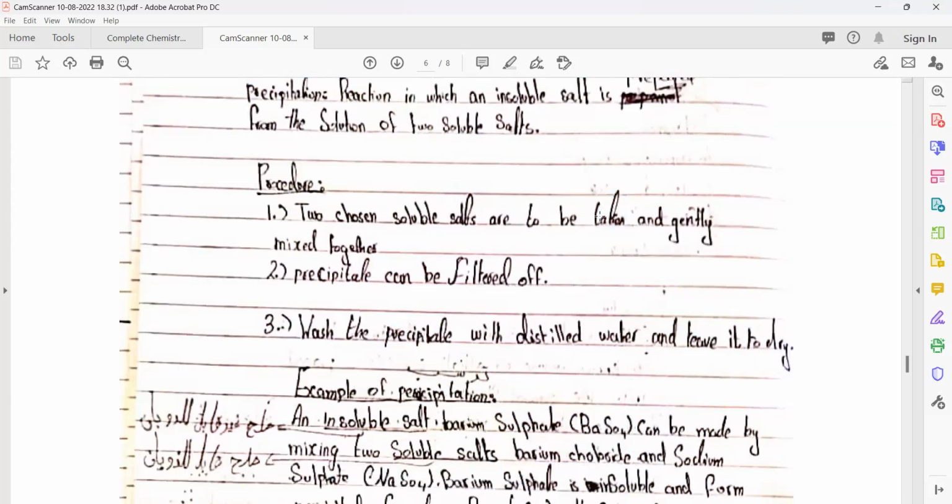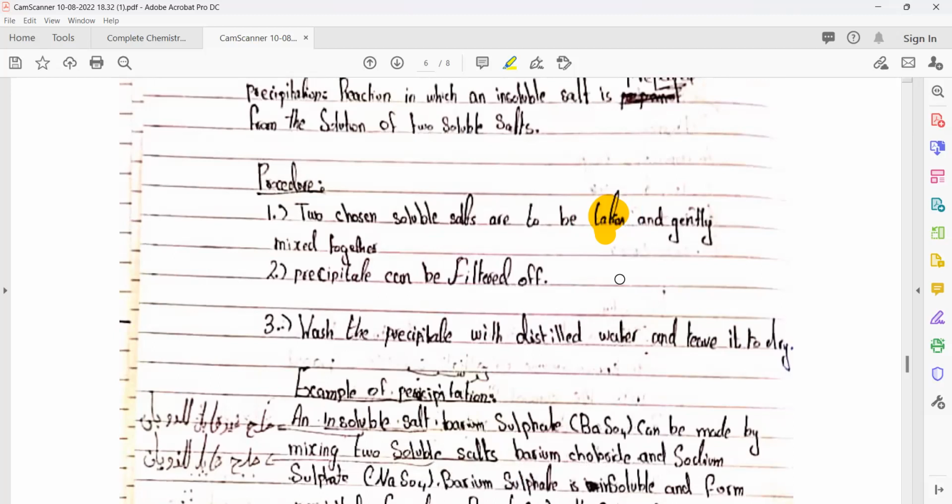Choose soluble salts that are to be taken and gently mixed together.